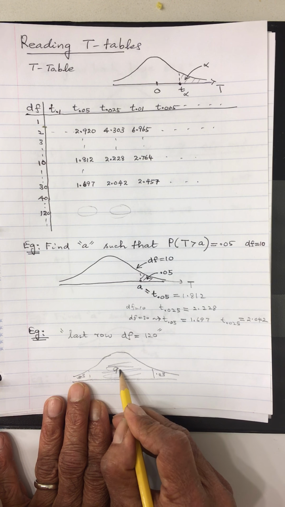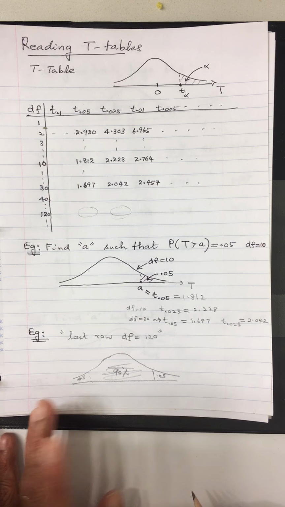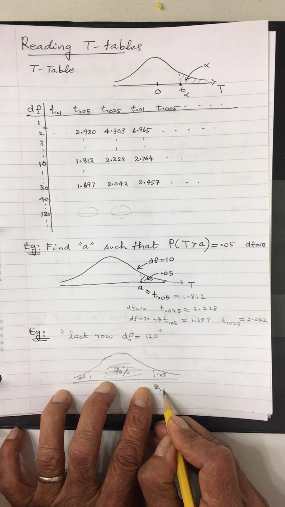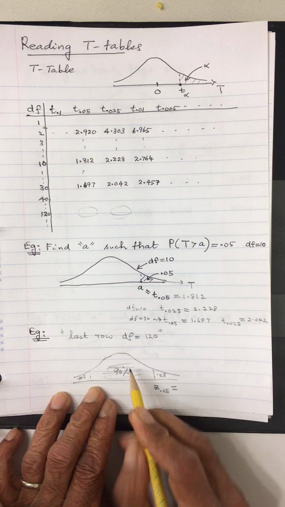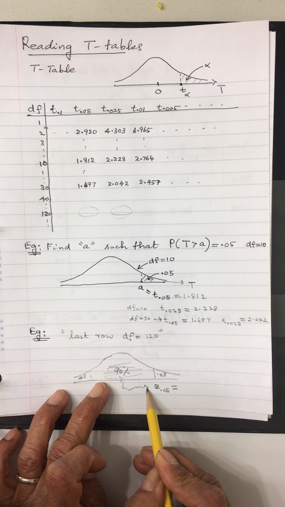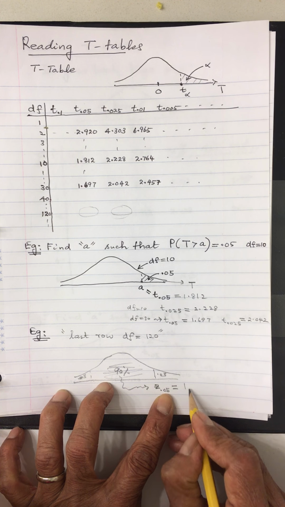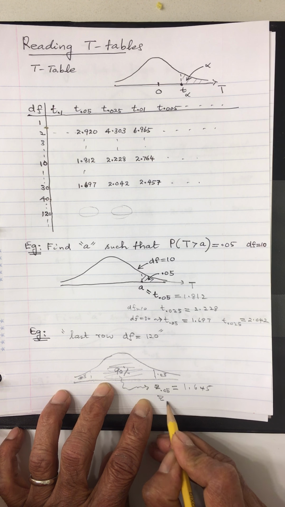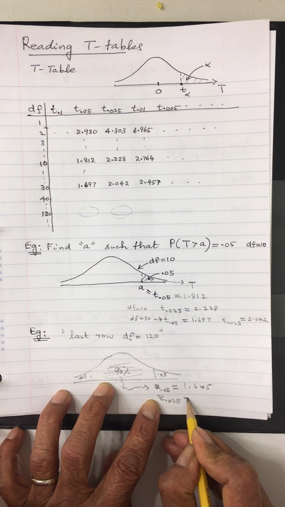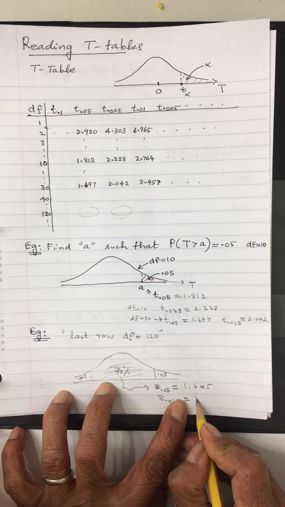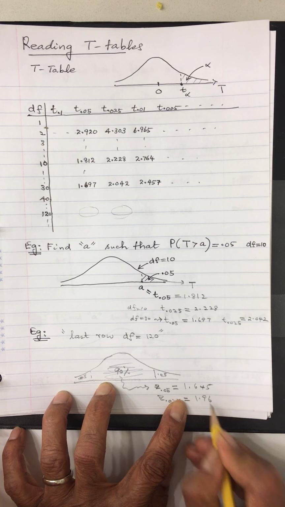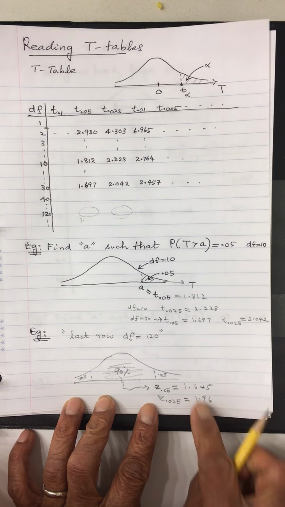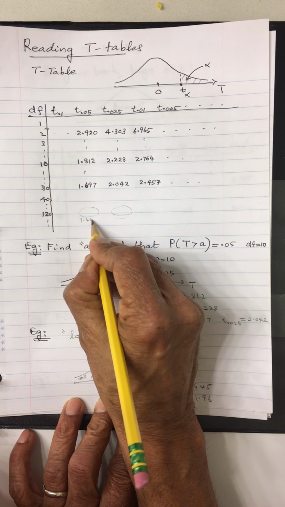You remember that I told you to memorize two values: z 0.05, which goes with 90%, is 1.645, and z 0.025 is 1.96. So these two values should be close to 1.645 and 1.96.